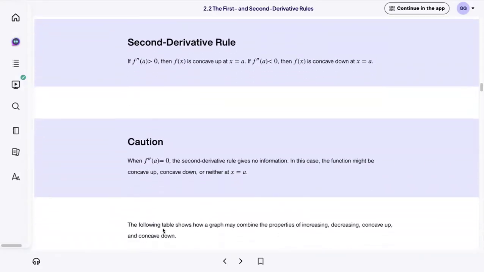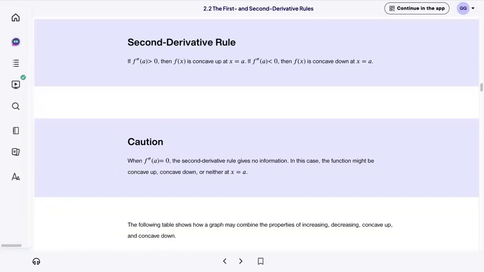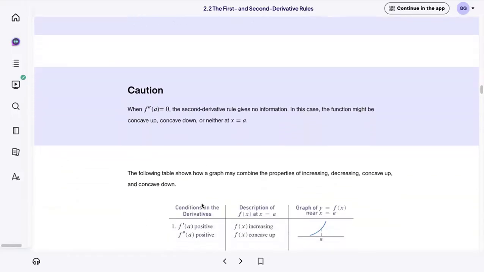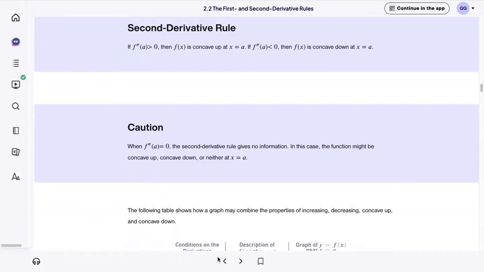Well, let's see the second derivative. Okay, if the second derivative is positive, then we know the graph is concave up.